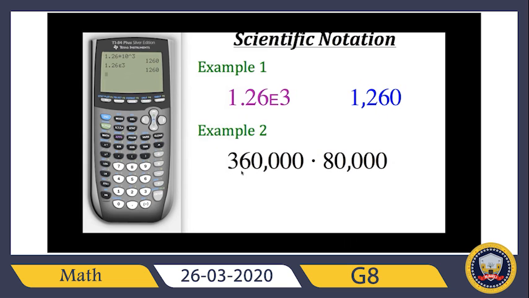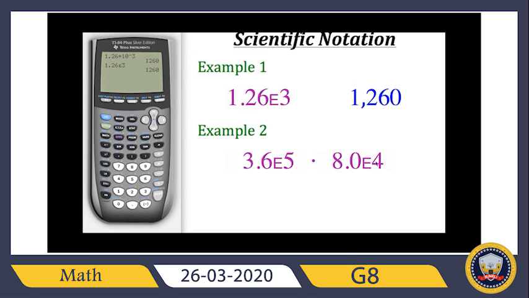So here we have 360,000 times 80,000. Now rather than typing out all these zeros, let's convert these into scientific notation. So 360,000 would be the same thing as 3.6 times 10 to the fifth. And 80,000 would be the same thing as 8 times 10 to the fourth power.